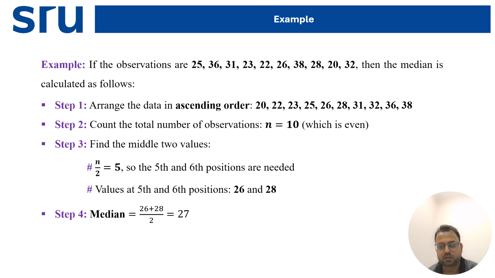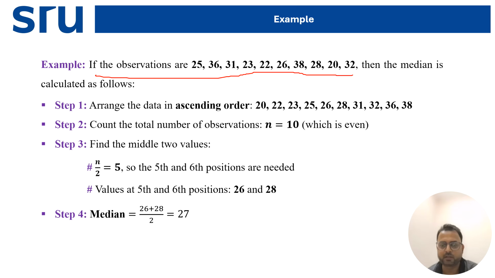Now let's come to an example of the median. Suppose the observations are 25, 36, 31, 23, 22, 26, 38, 28, 20, 32. The median is calculated as follows.